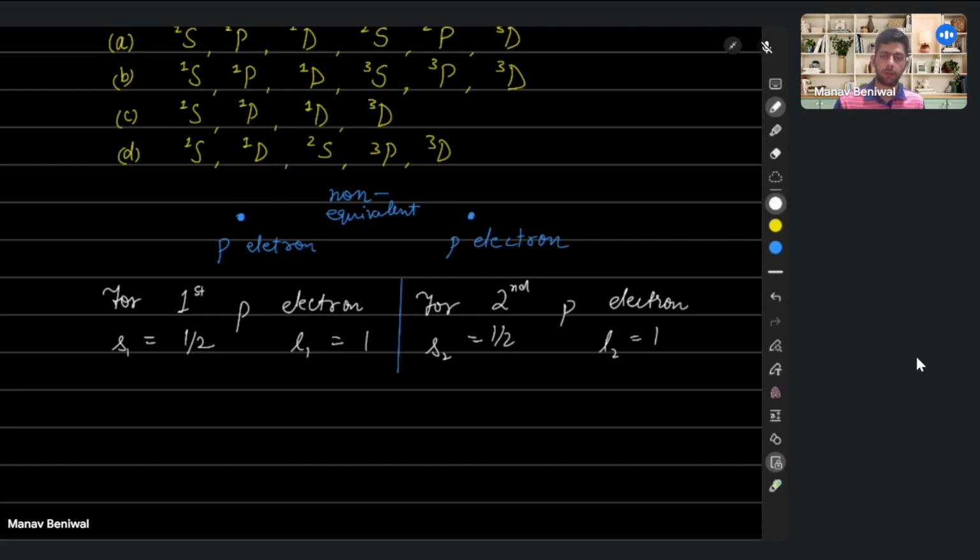Basically both are p electrons, so their values of S and L will also be the same.